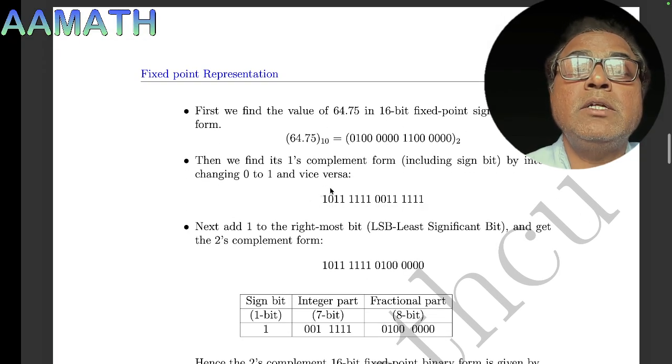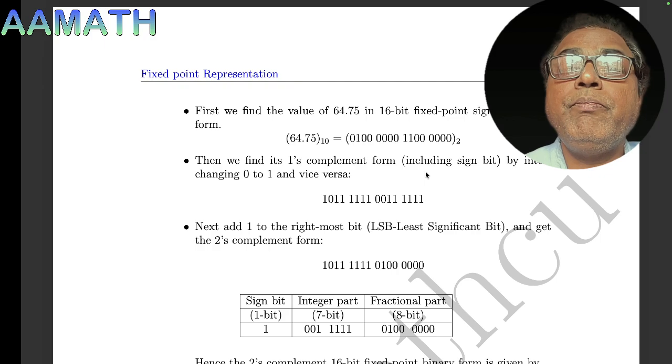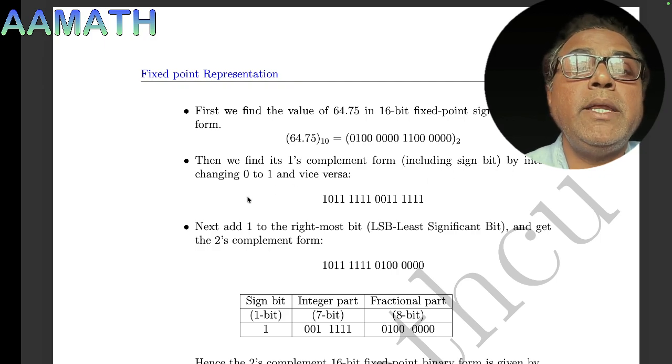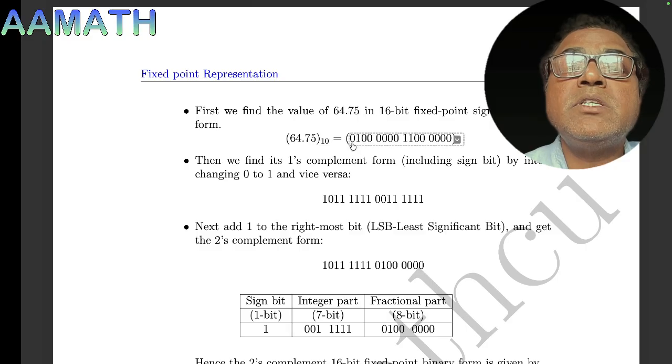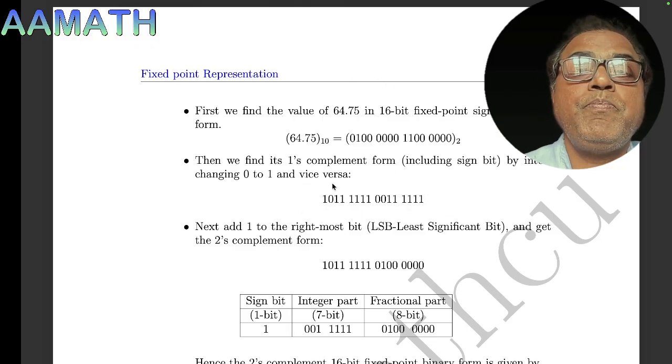Then we find its one's complement form, including the sign bit, by interchanging 0 to 1 and vice versa. So replacing 0 by 1 and 1 by 0, we get the one's complement form. Actually, this is the negative of this number.